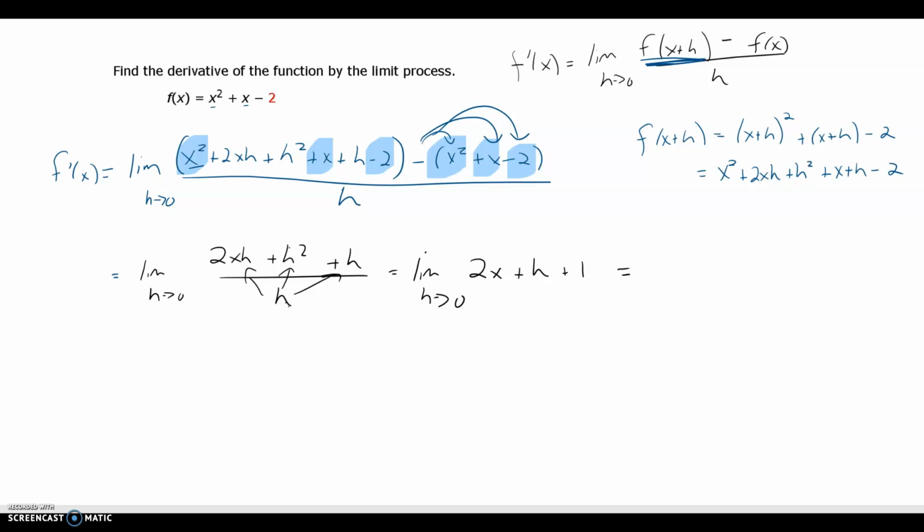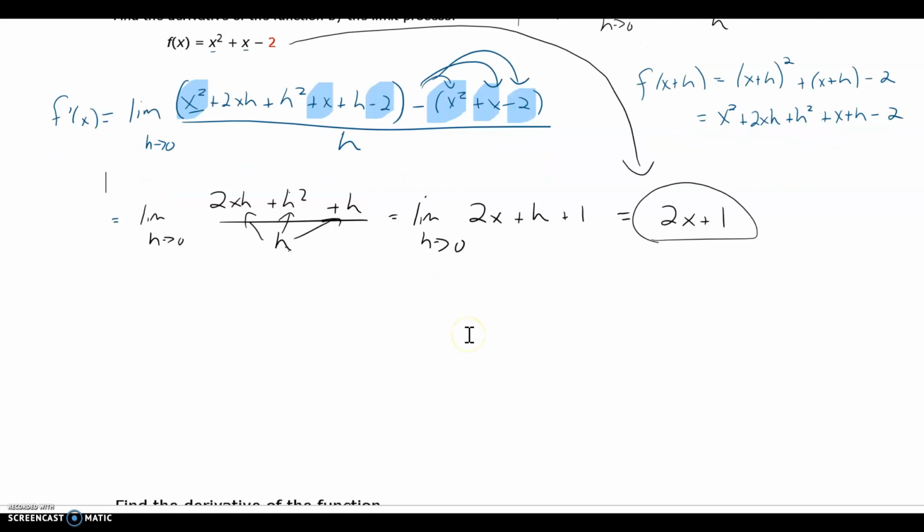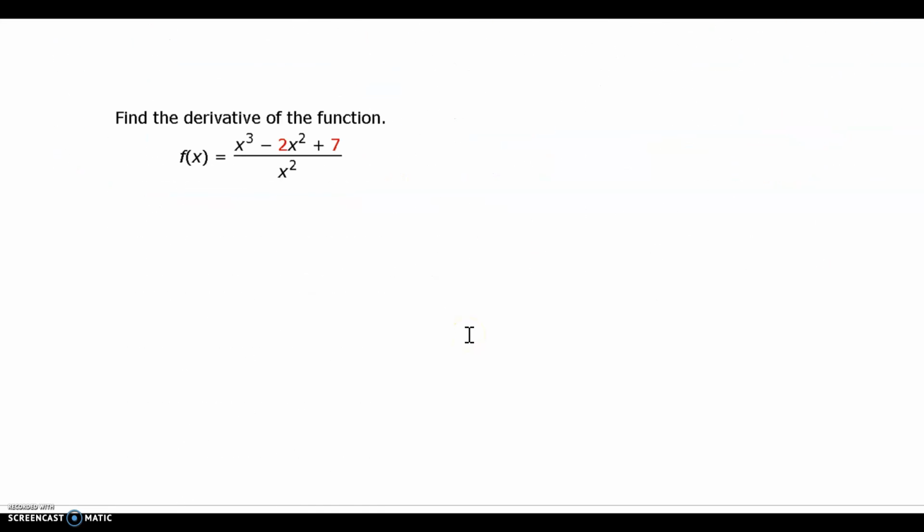And now, and only now, can I take the limit as h goes to 0 by plugging in 0 for h, and it leaves me with the derivative, which, by the way, you should know if you've gone on to study the derivative rules. You can get from here to here really quickly by using your derivative rules: 2x plus 1.